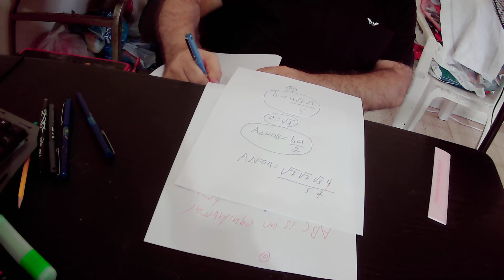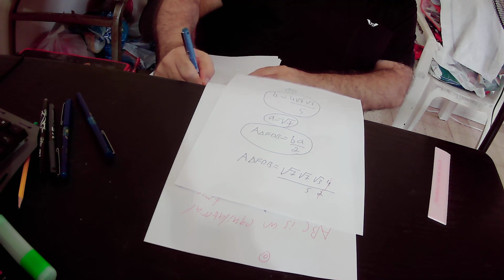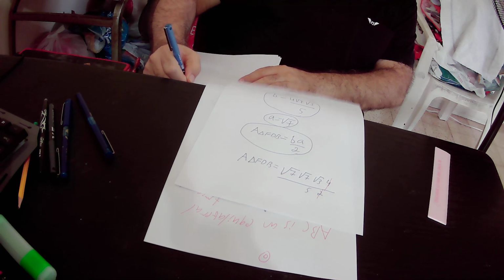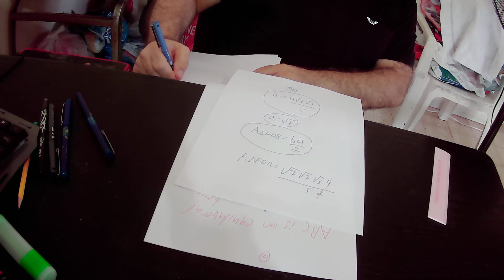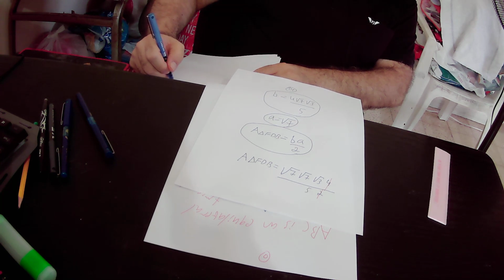of the green triangle FDB equals 2 times 7 times root 3 over 5 square units.